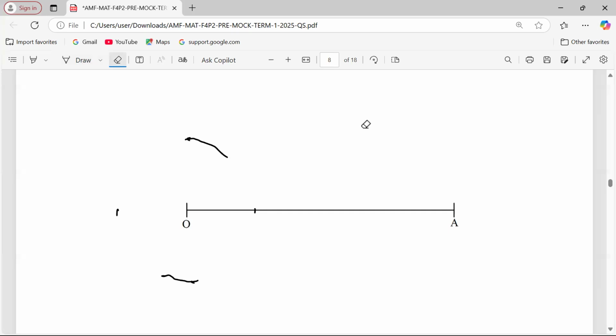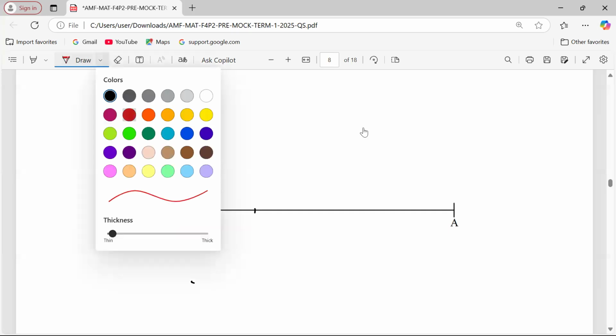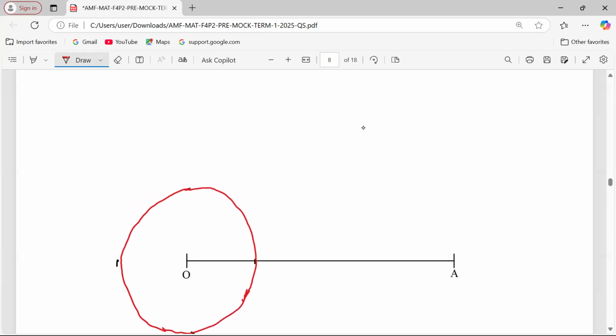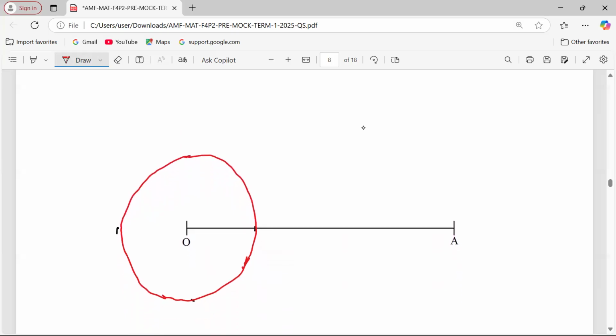Remember, the circle is just a sketch. We don't have tools which can be used to do a perfect circle here, so we are just estimating a circle that way, 3 centimeters.